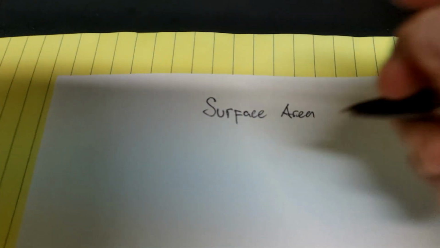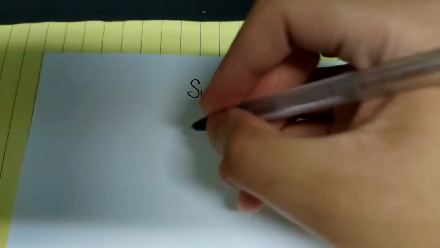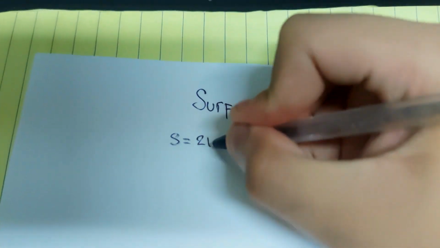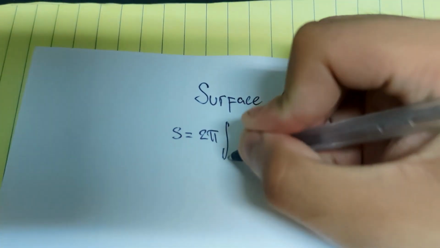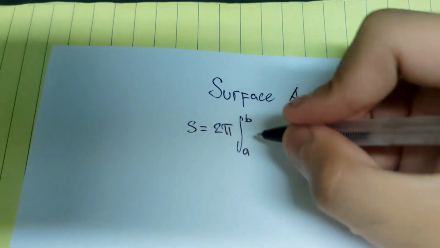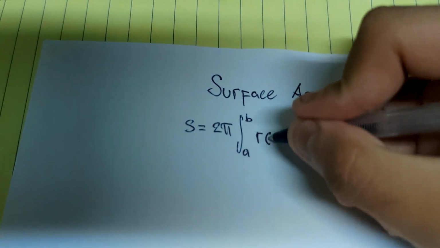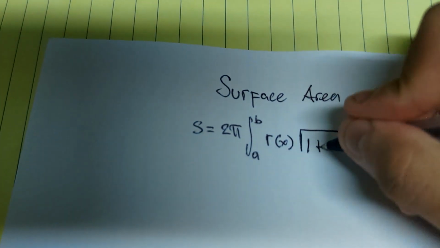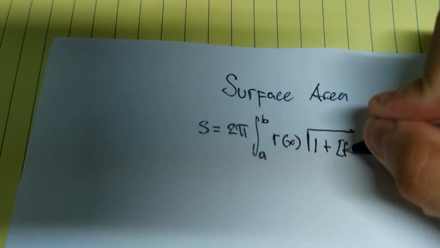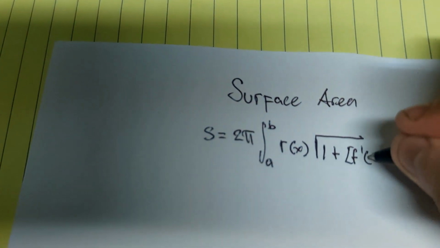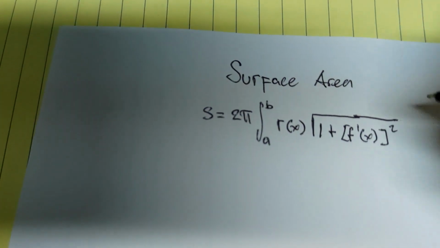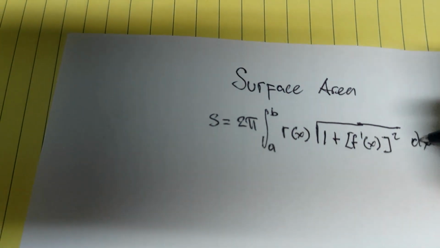So for the surface area, our formula will be surface area equals 2 pi integral with limits of a to b, our radius of x, multiplied by the square root of 1 plus f prime of x squared dx.